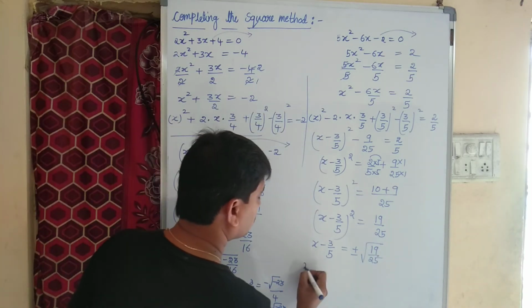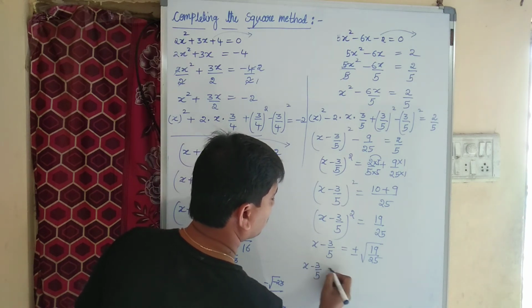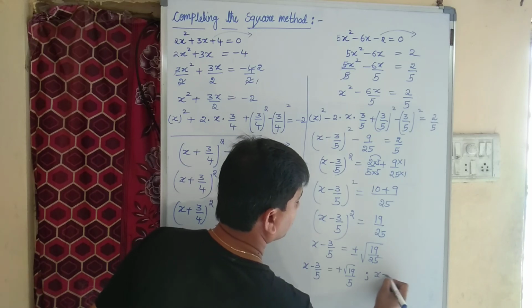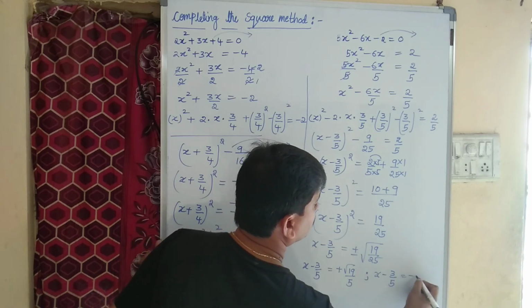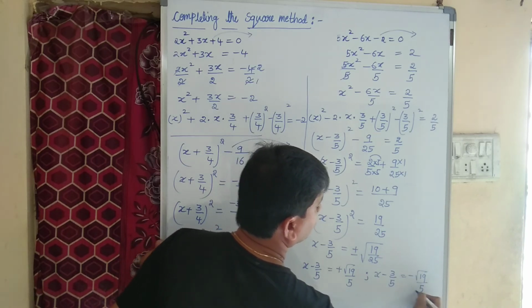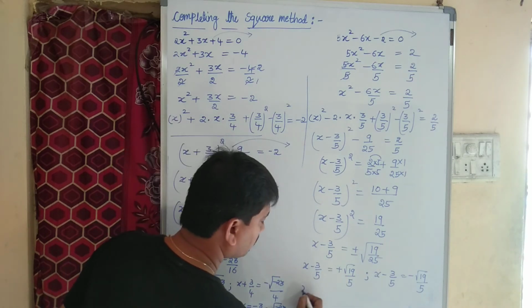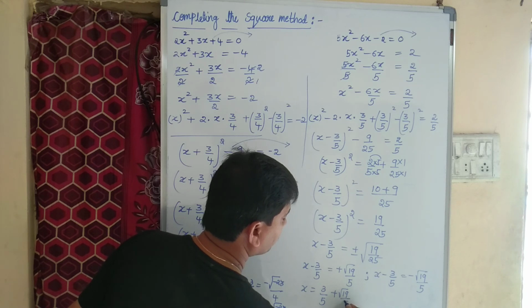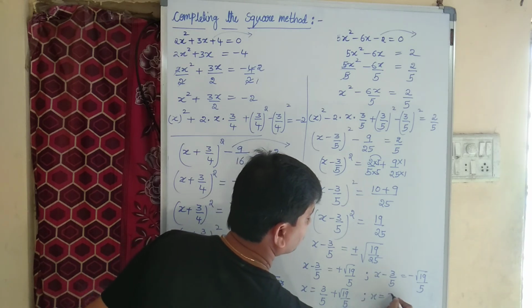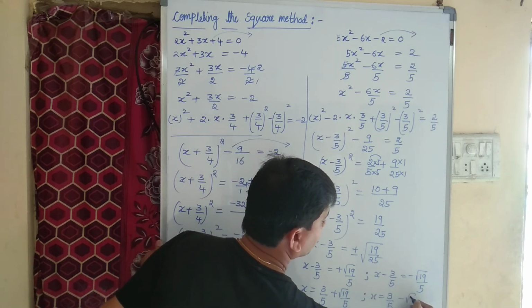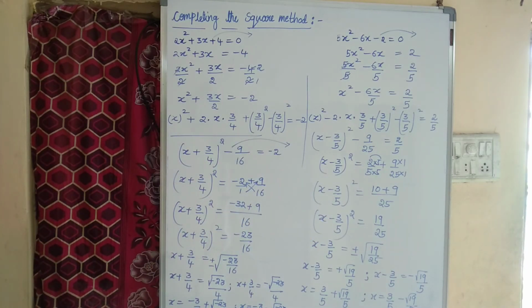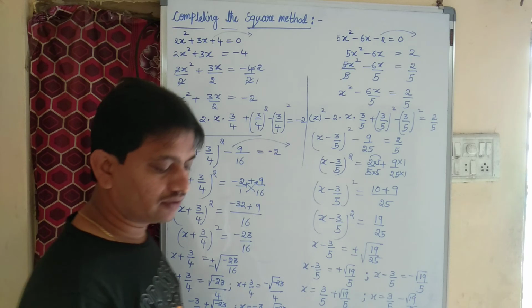Once you take plus, x minus 3 by 5 equal to plus root 19 by 5. Second time you take x minus 3 by 5 equal to minus root 19 by 5. Minus 3 by 5 you transpose, children, it will become 3 by 5 plus root 19 by 5. Second time, minus 3 by 5 you transpose, 3 by 5 minus root 19 by 5. So they are the two roots of the quadratic equation.